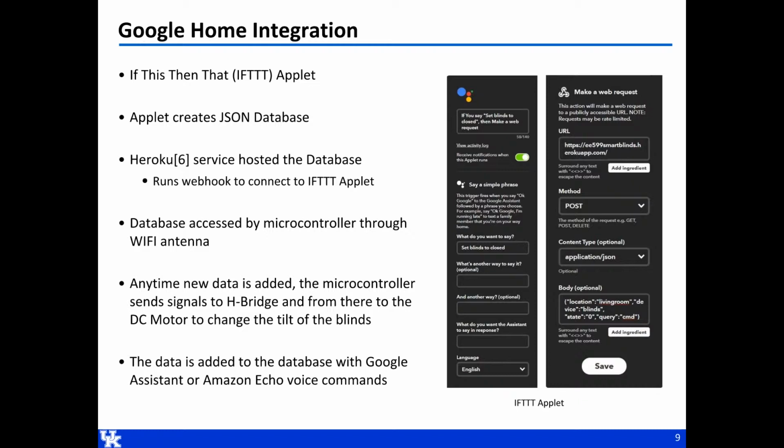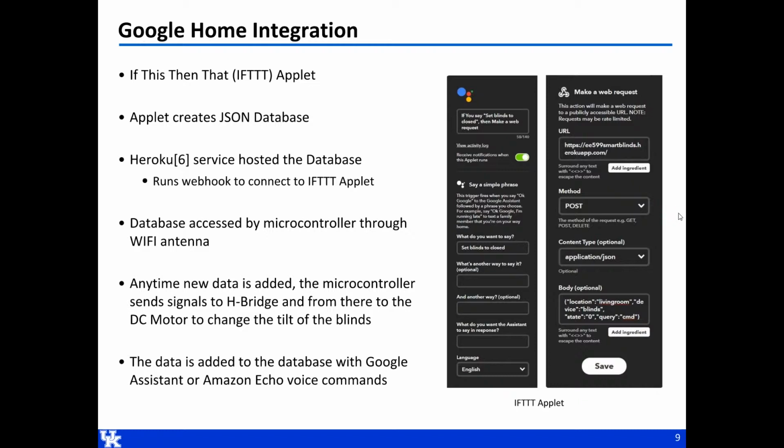Heroku is a service that we use to host that JSON database. It allows us to run a webhook through its website and connect the If This Then That service to an Arduino-based microcontroller. The database is accessed using the microcontroller via the Wi-Fi module talked about in previous slides.